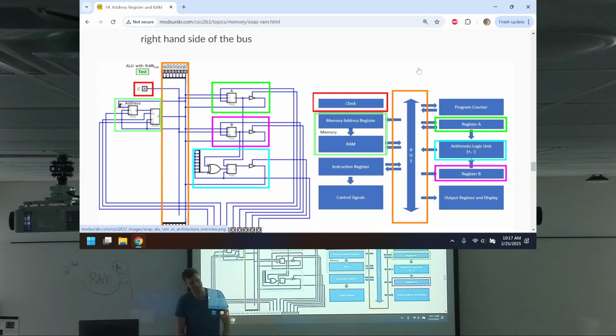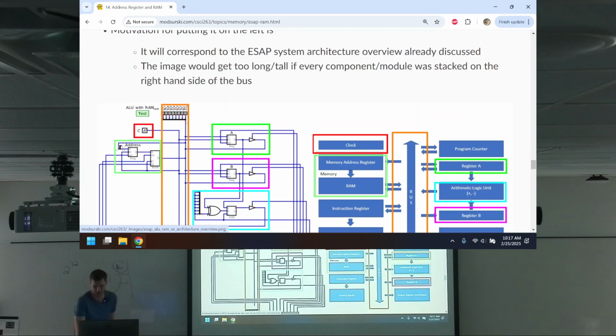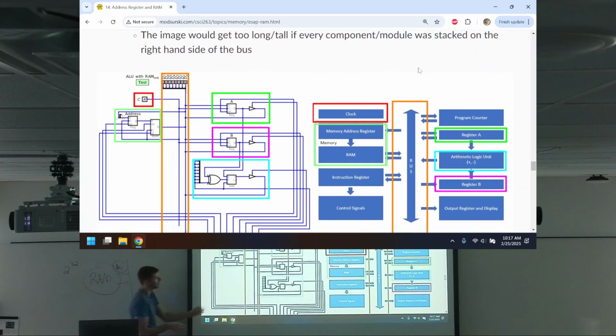I actually spent a lot of time thinking about how we were going to lay it out. Originally, what I was going to do was have everything on this side. But the problem with that is the computer grew way too long, and I couldn't generate pictures. It wouldn't fit on the screen well, right?